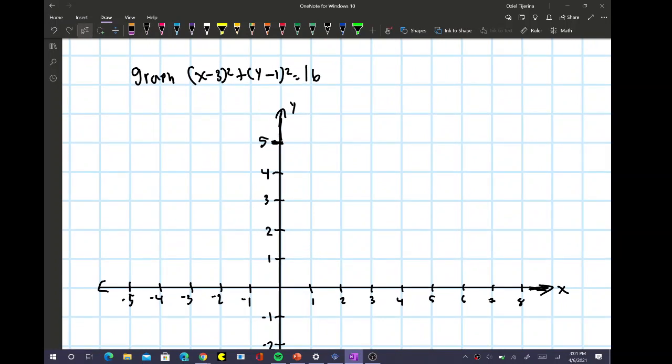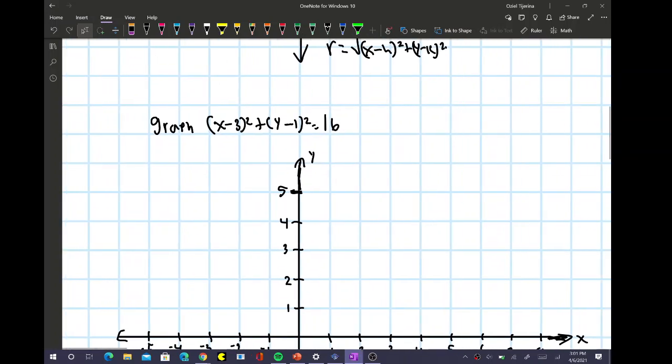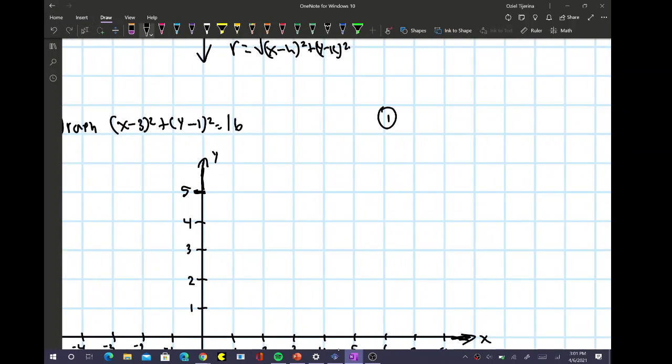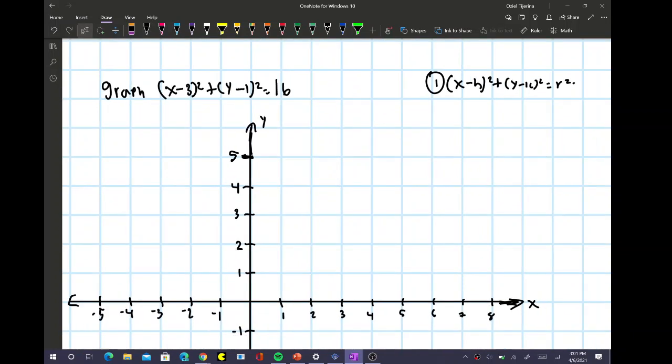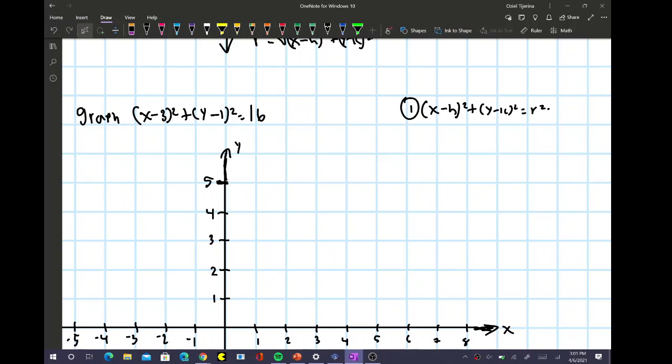So basically, what you would do here, the first thing you want to do is write down what the standard form is, when it's of this form with h comma k as the center. It's x minus h squared plus y minus k squared equals r squared, right? And from there, you want to say, okay, my h and k.